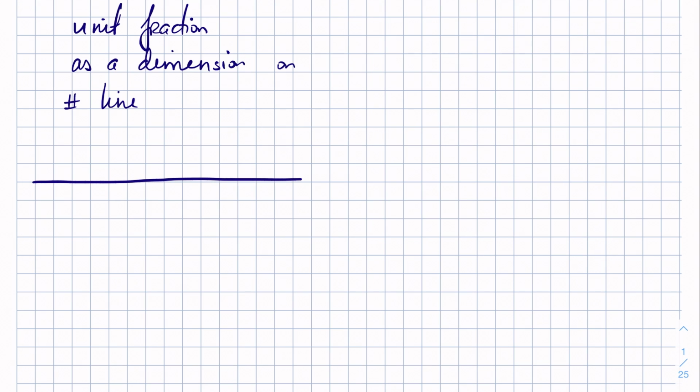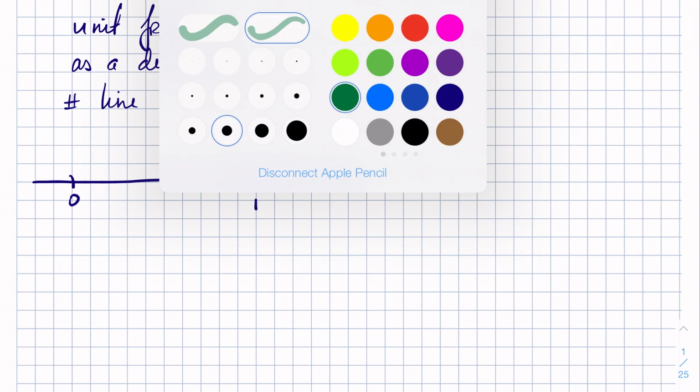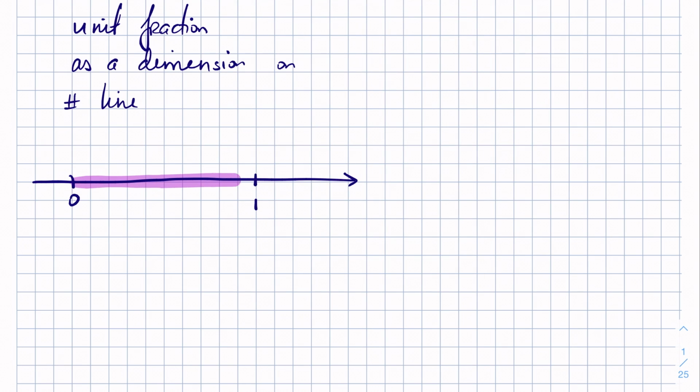So when we look at fractions, for example, the unit fraction, first of all, and especially as a dimension on a number line, remember that the first thing that's really important to pay attention to or to be able to identify is the whole. And the whole for the unit fraction is the distance from 0 to 1 on a number line.